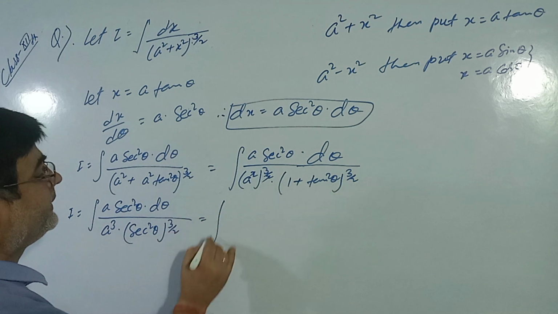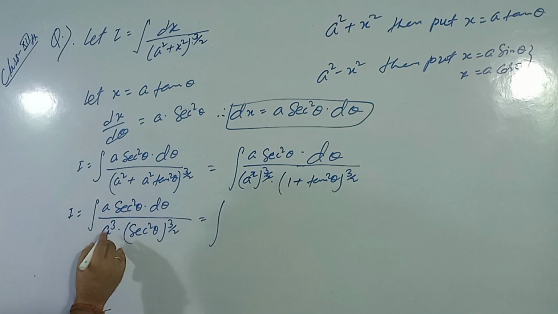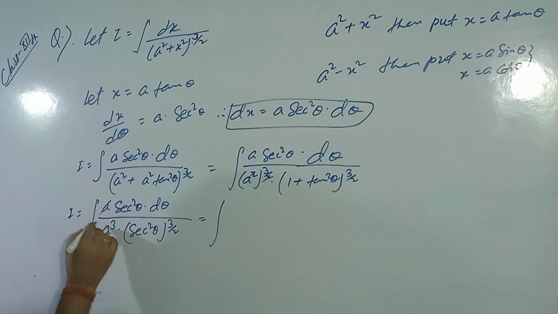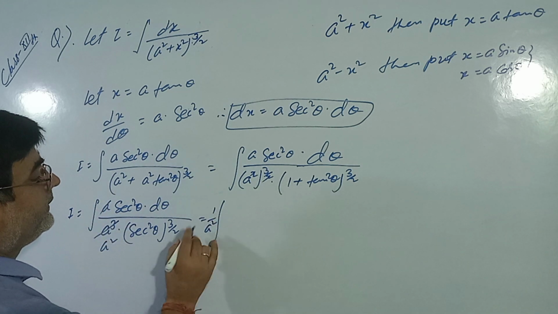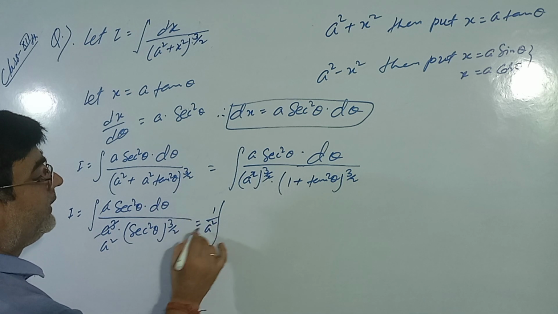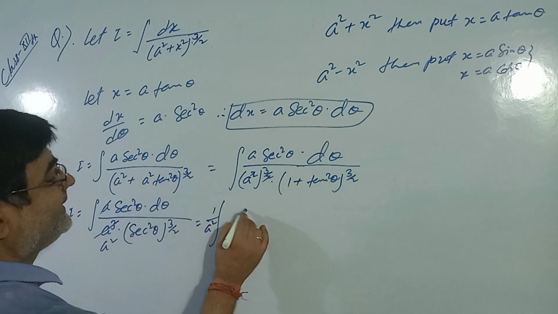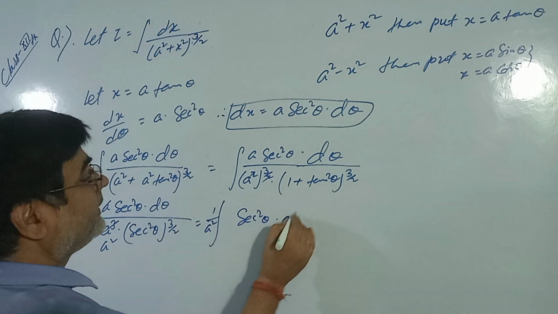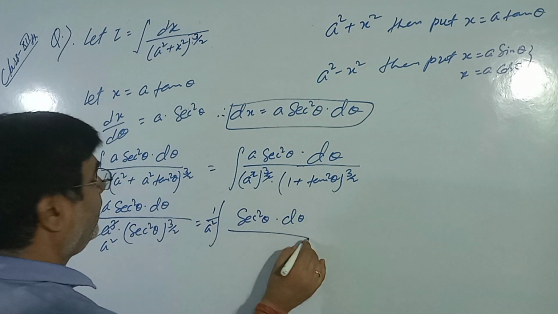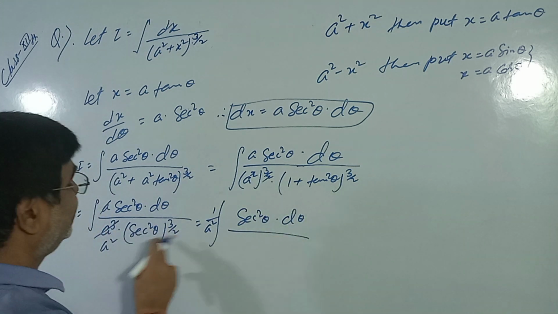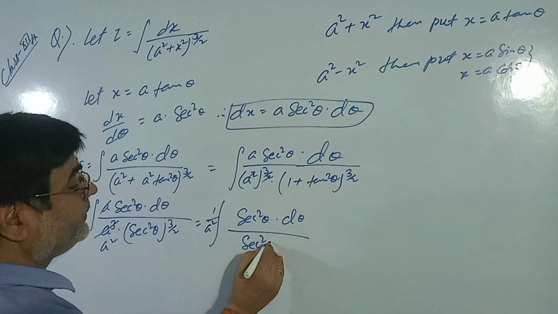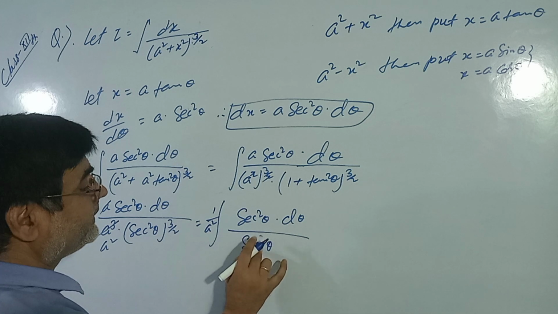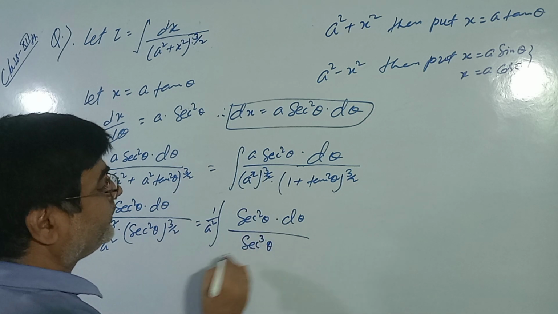It gives a cancel out, a square, so 1 by a square, right? 1 by a square sec square theta d theta over sec cube theta.